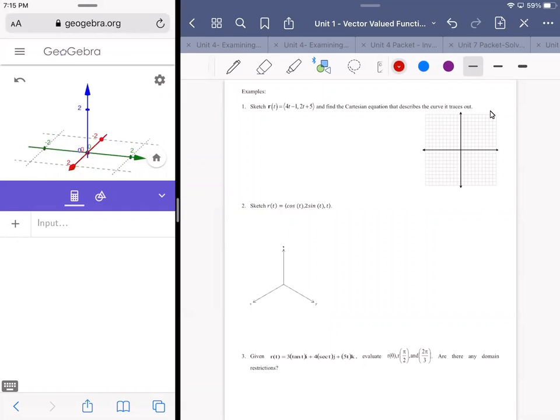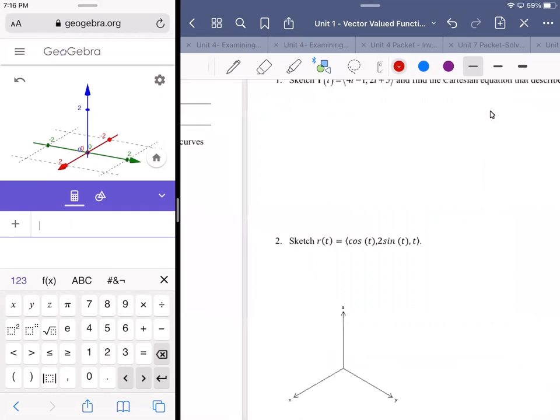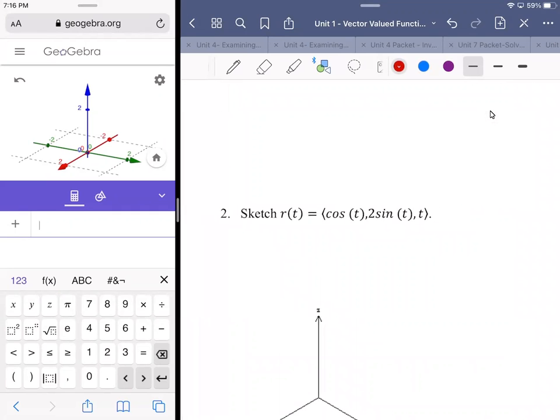All right, so for a vector valued function, it's really just as simple as using the curve command. So curve, then put in your three components, in this case it's three components, and then from there you just have to establish what the variable is and what the domain is for the parameter, in this case t.